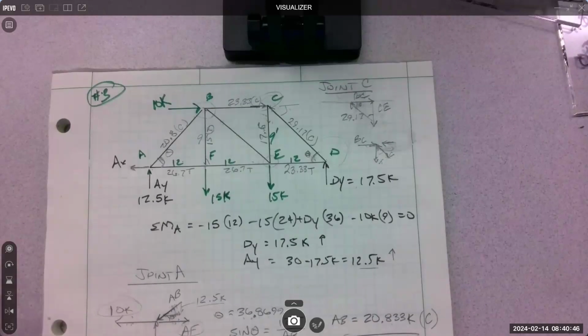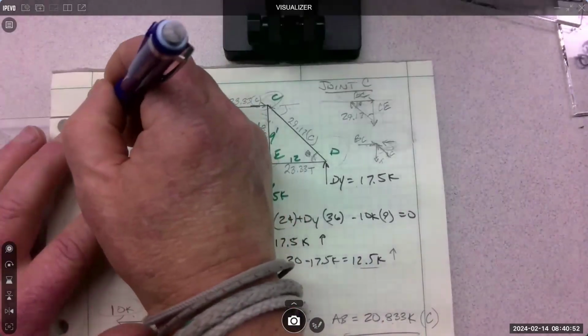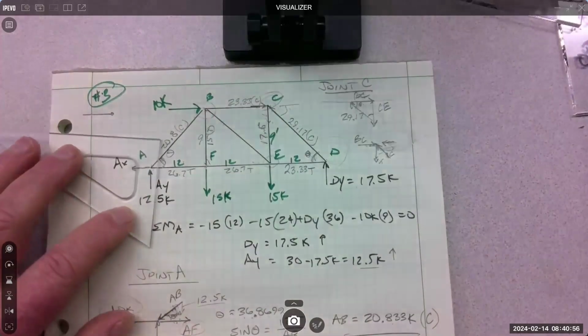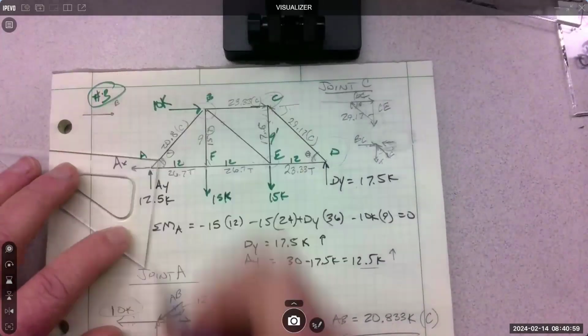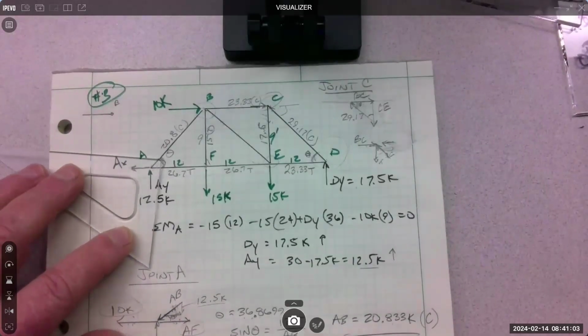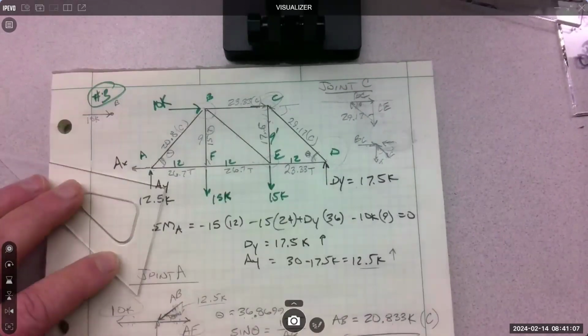We can't just draw a triangle. We were really grasping. This is a battle that we need to win. There's my joint B. I'm going to squeeze it in. So I know 10K is coming in.